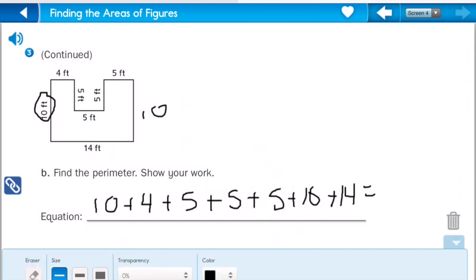We'll just erase that and add that onto the end. Alright, so let's add those all together. And I get 58 feet.